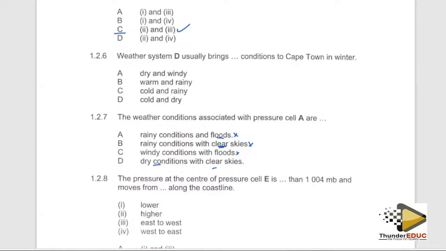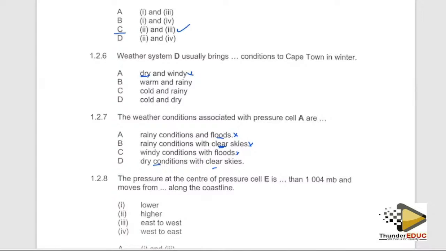So we are still doing question 1.2.6, which says the system usually brings dash conditions to Cape Town, and as we know, dry and windy. The mid-latitude cyclones usually bring wet conditions, which makes option A wrong.